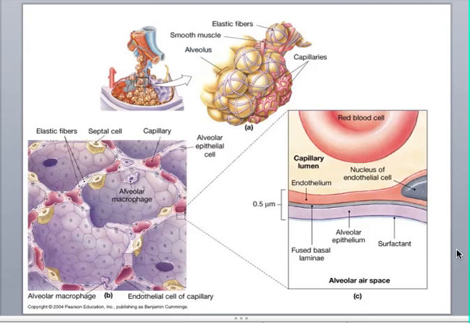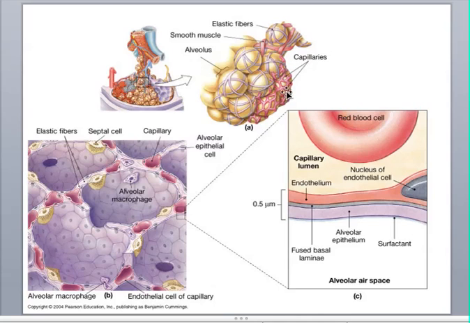This image is simply showing you the elastic fibers around each alveolus. These look like little rubber bands around the alveolus. And then it's showing you a little bit of smooth muscle around some of these air passages.